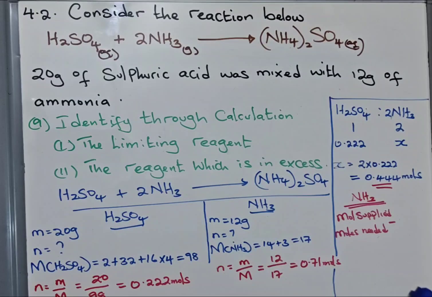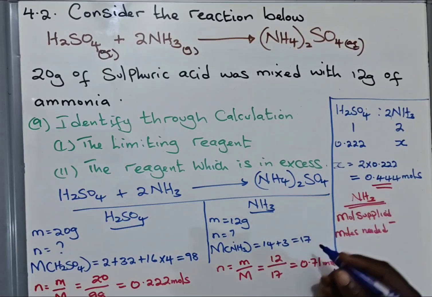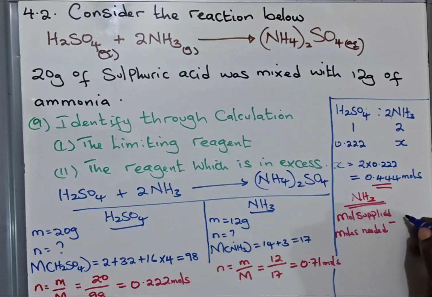Okay, the moles supplied for ammonia is 0.71. We have it here. But the moles required is 0.444.